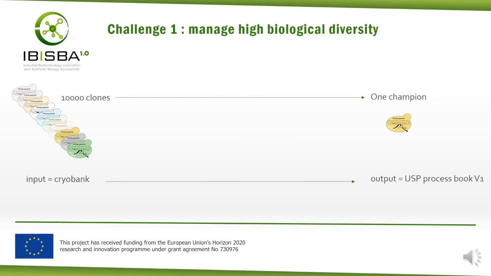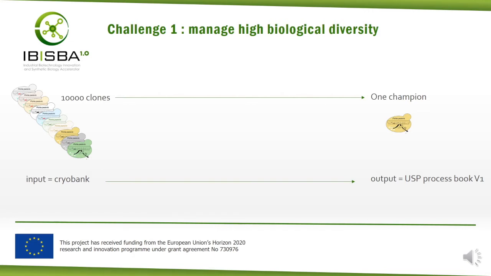The first challenge is the management of biological diversity. Typically, for projects dedicated to transferring a chemistry process to a biological process, a cell factory has to be built, and biological diversity is an opportunity.